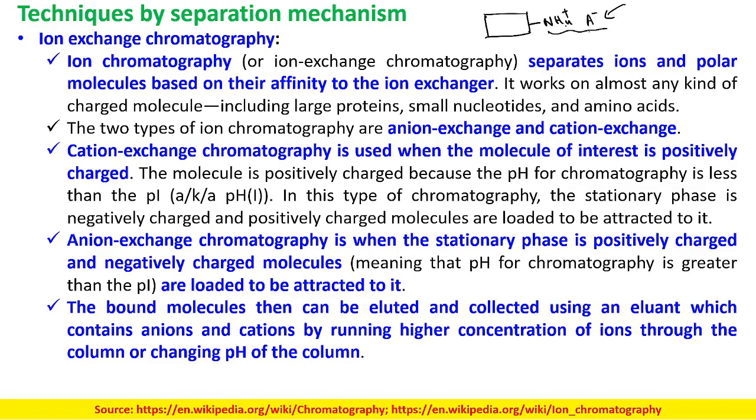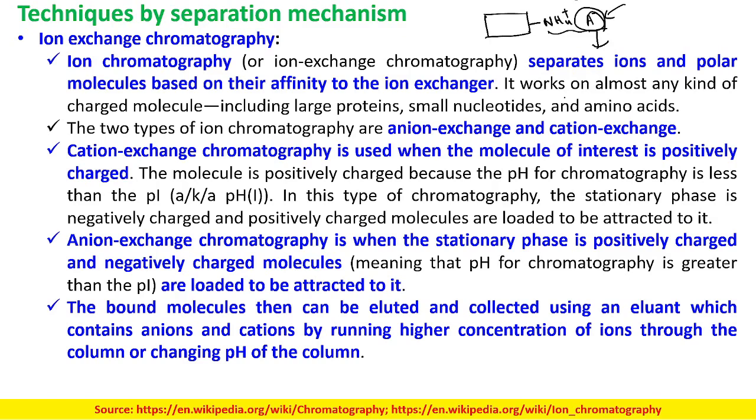Now you perform the elution. After you perform the elution, your chromatographic column will only be having this anion. Now you can change the pH, you can change the ionic strength of your solvent, and while you are doing this ion exchange, these anions will be extracted out.